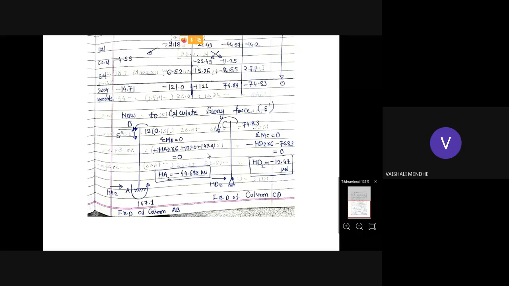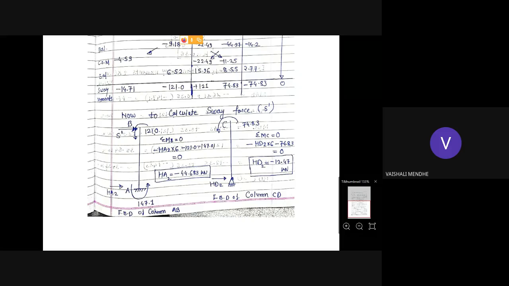Okay. And one thing you keep in mind is that when you plot the free body diagram of column AB in sway analysis, what is the change here? We are not considering the loading effect. Means whatever external loading is acting on your frame, we are not showing in sway.